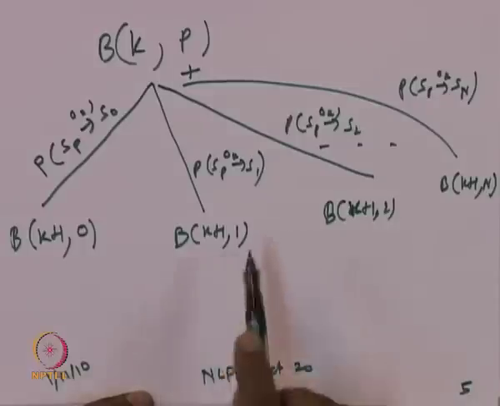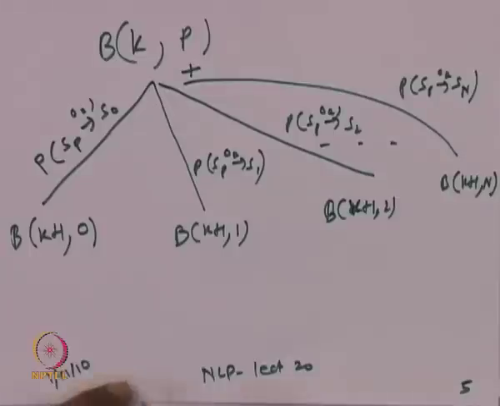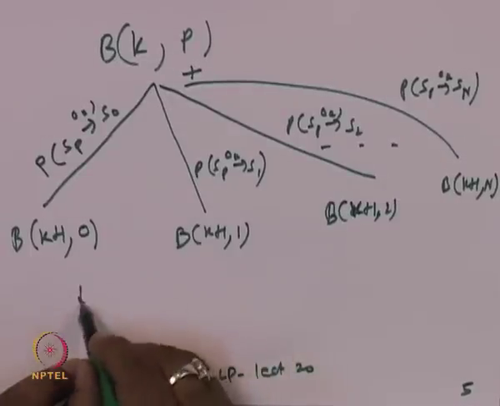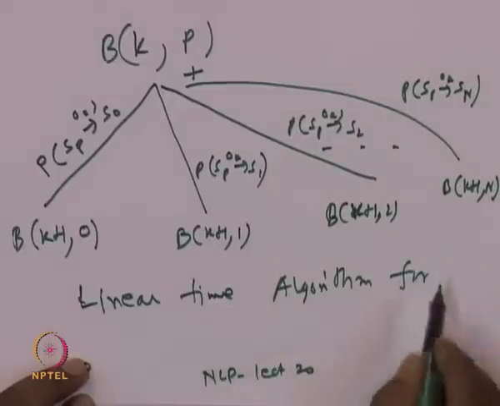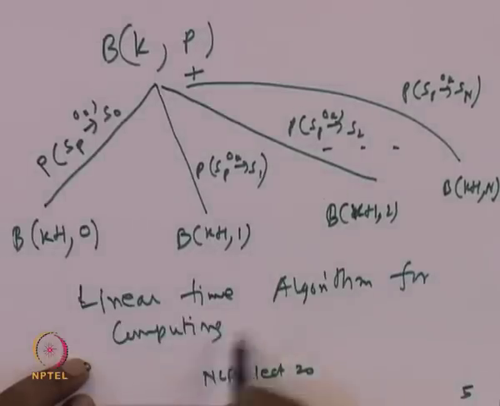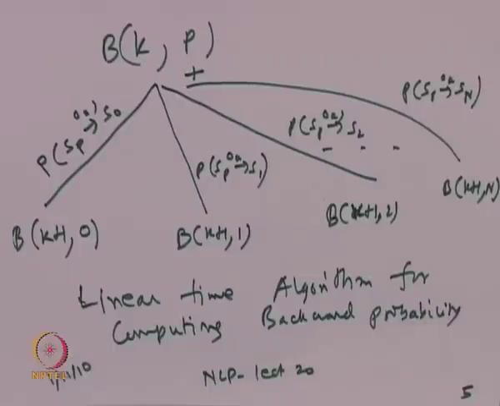So, again the time complexity will be exactly like the forward probability, and we have a linear time algorithm for computing backward probability. Thus, we have found two very important probability values, the forward probability and the backward probability.